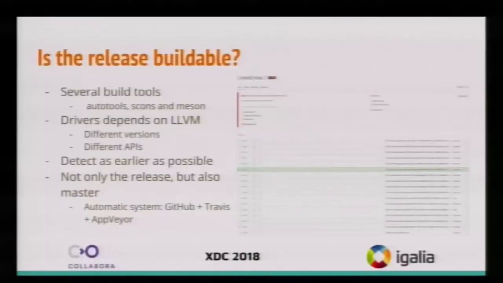In Mesa, we have different combinations of different options. For instance, we have different build tools, like Autotools, SCons, and Meson. And in the case of the Gallium drivers, we depend on LLVM, and there are several versions of LLVM with different APIs. So when you make all the combinations, you need to be sure that everything works fine.